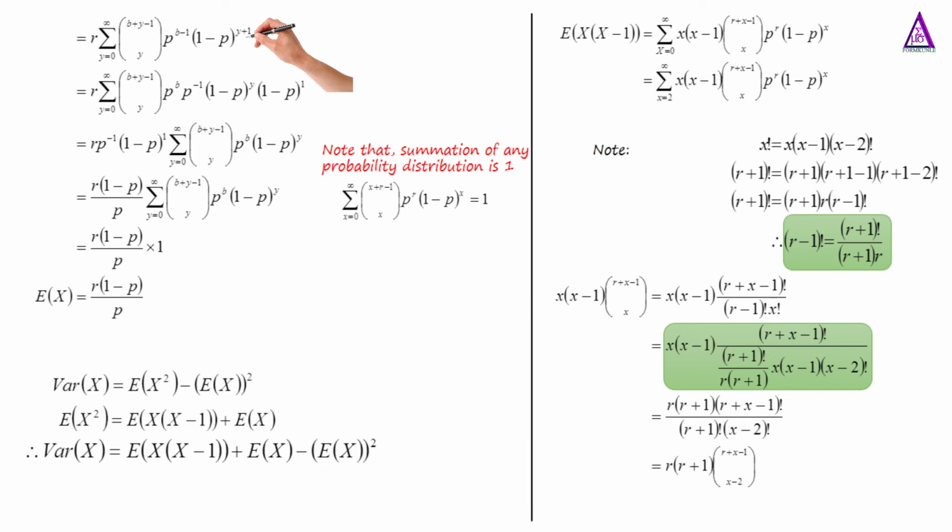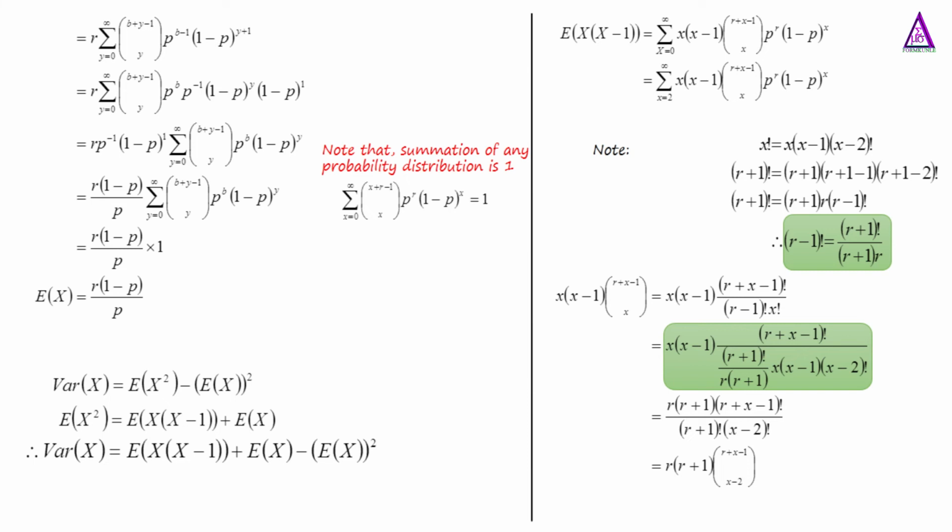In this equation, we can see that we split out p raised to power b minus 1 into two. That is to say, we now have p raised to power b and p raised to power negative 1. Also, we have the bracket 1 minus p raised to power y and the bracket 1 minus p raised to power 1.